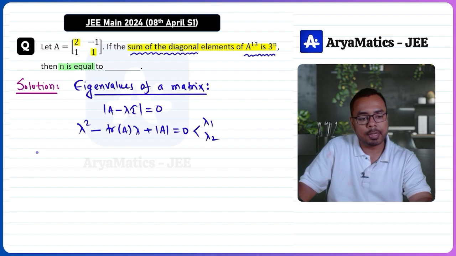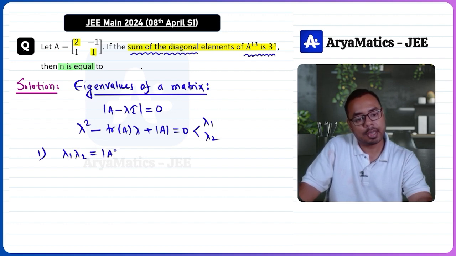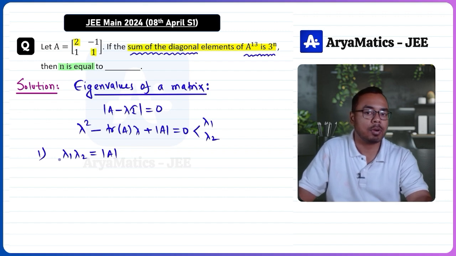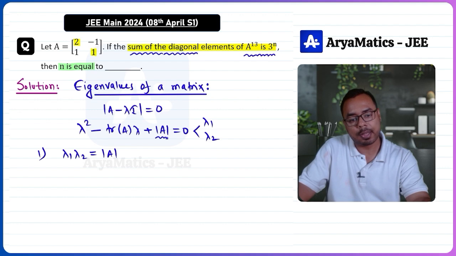Now, there are a few properties of eigenvalues that you should know. The very first property is that if you multiply the eigenvalues of a matrix, then you will get the determinant of the matrix, right? The product of eigenvalues is always the determinant of A, which is obvious from here also.